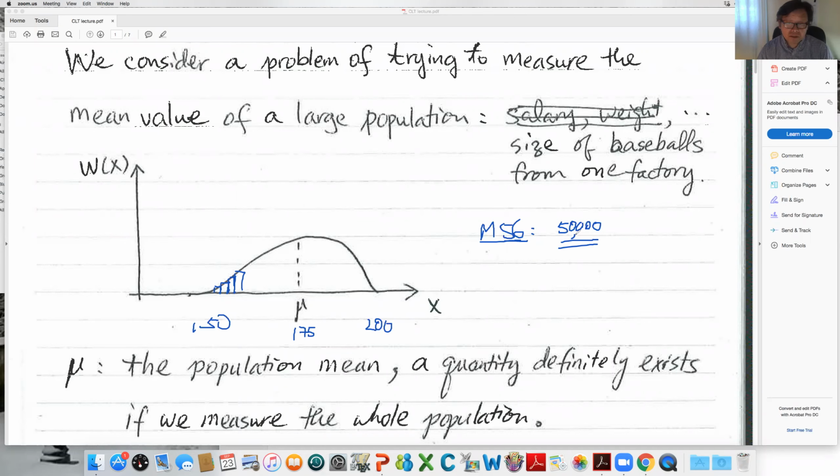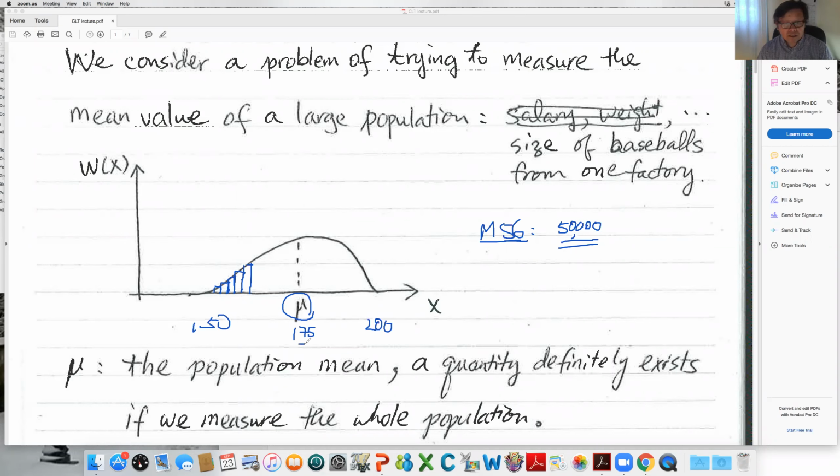But to count all 50,000 is a very expensive undertaking, and the state of Rhode Island does not want to spend that money. Nevertheless, they want to know this number. They don't care so much about the distribution, although they should, but as a matter of gauging the overall health of our group, it is this mean value mu, the mean weight.